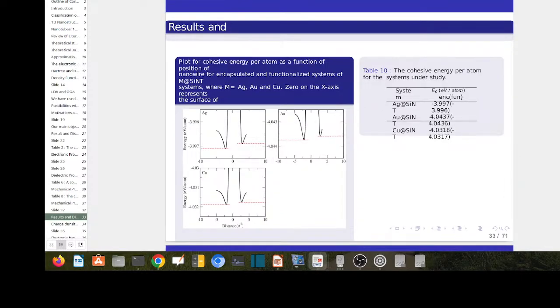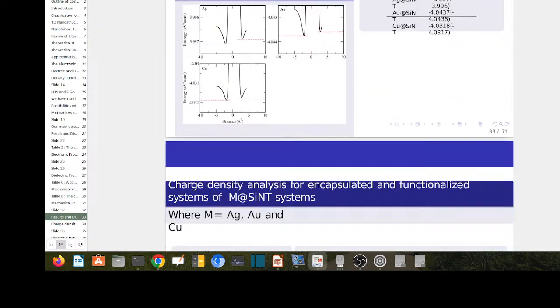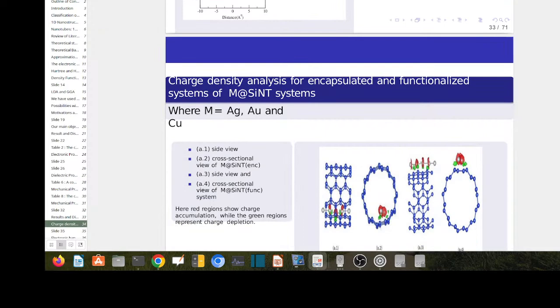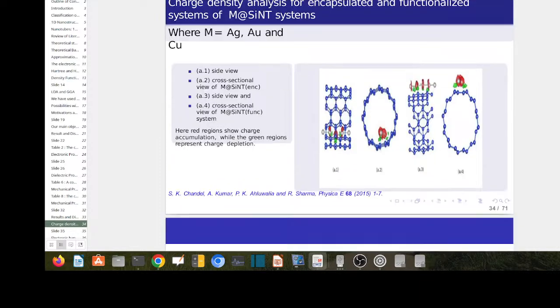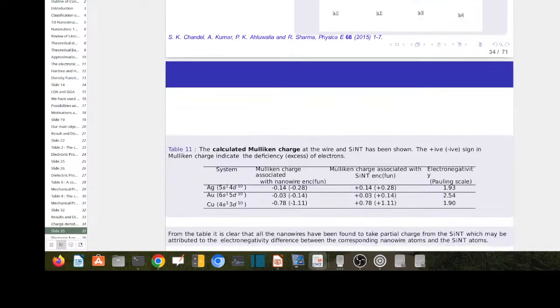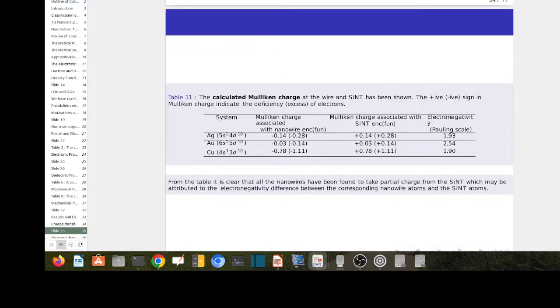These are the graphs indicating the largest or least cohesive energies. Then again, the charge density analysis for functionalized as well as encapsulated systems under our study. Then again, calculated molecular charge.